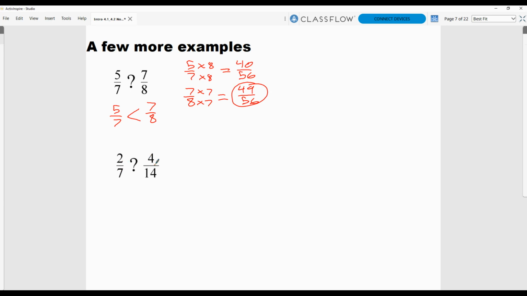We got 2/7 compared to 4/14. We'll set this up vertically and get common denominators to compare them. So we're going to multiply by each other's denominator. So multiply both of these by 14 and multiply both of these by 7.